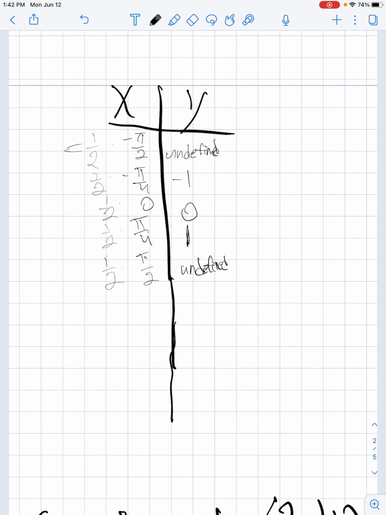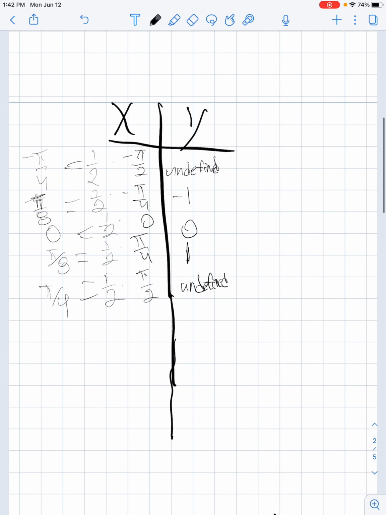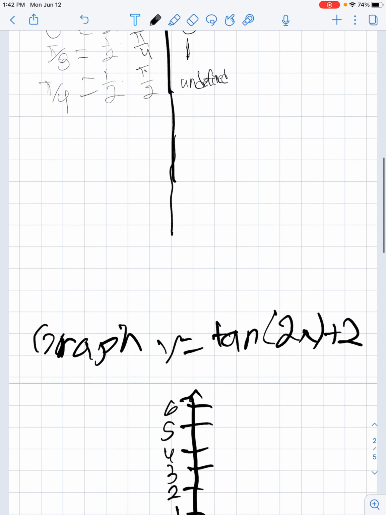And the new points on the graph would be negative pi over 4, negative pi over 8, 0, pi over 8, and pi over 4. And with that, we can also plot the x's on the graph easily.